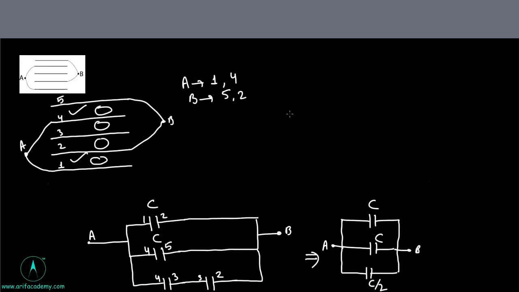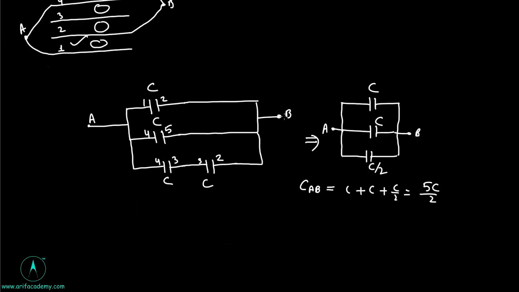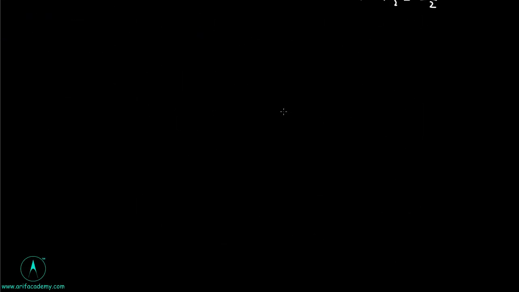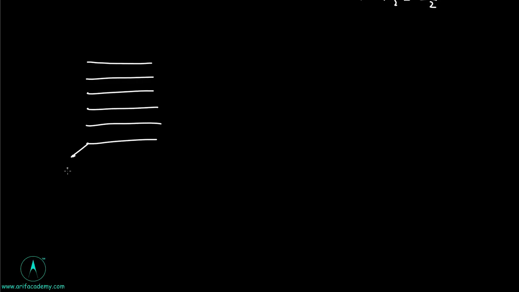One more thing I want to tell you: if we have so many plates, suppose like this, and this is A and this is B, and the plates between are not connected to anyone, suppose these are 1, 2, 3, 4, 5, 6.